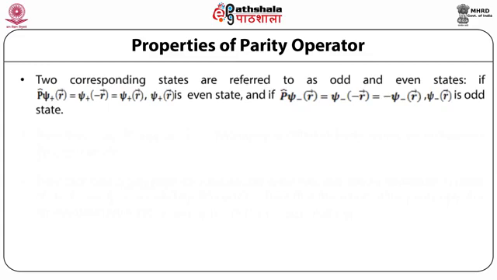And if the parity operator acting on a wave function psi minus of r yields psi minus of minus r, and this turns out to be equal to the negative of the original wave function, minus psi minus of r, then the wave function psi minus of r is referred to as the odd state.